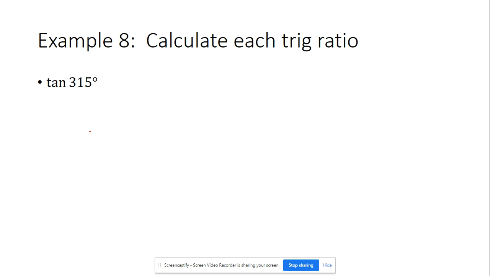All right, tan of 315. Same thing, 315, here's 0, 90, 180, 270, 360. 315 is going to be in the middle like this. There's 315. This reference angle is going to be found by going 360 all the way around the circle minus 315 equals 45.